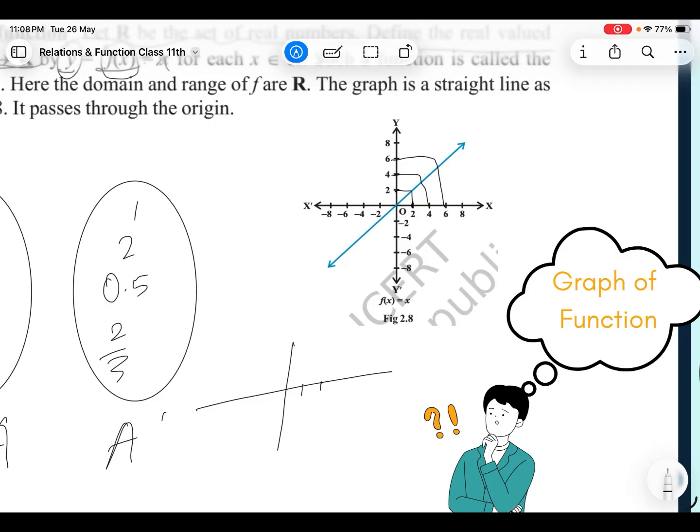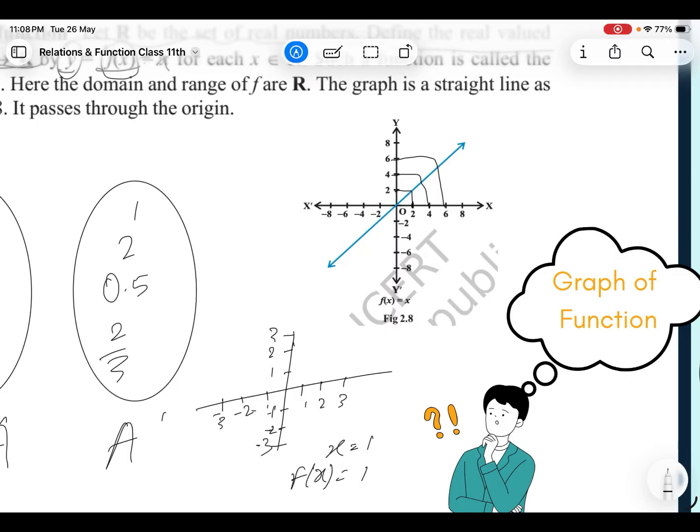Suppose this is 1, 2 and 3, then -1, -2 and -3. So if we take x equal to 1, then what will be f(x)?